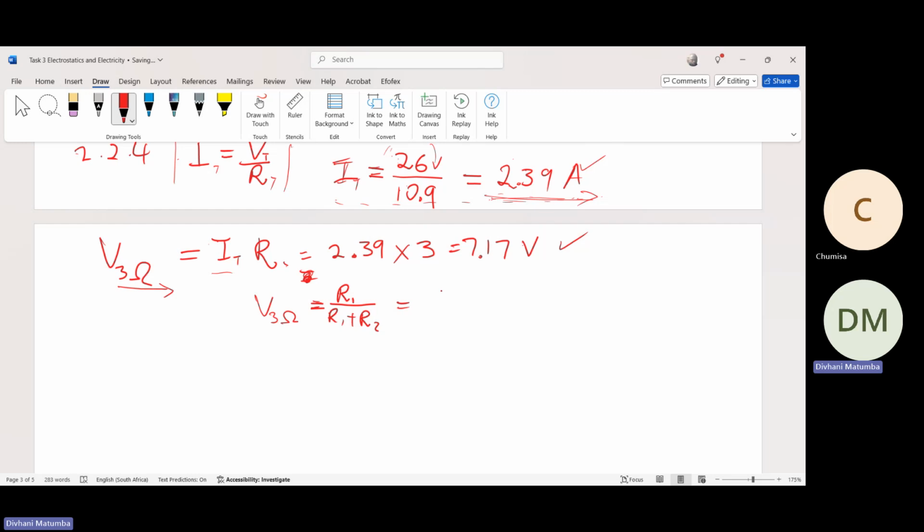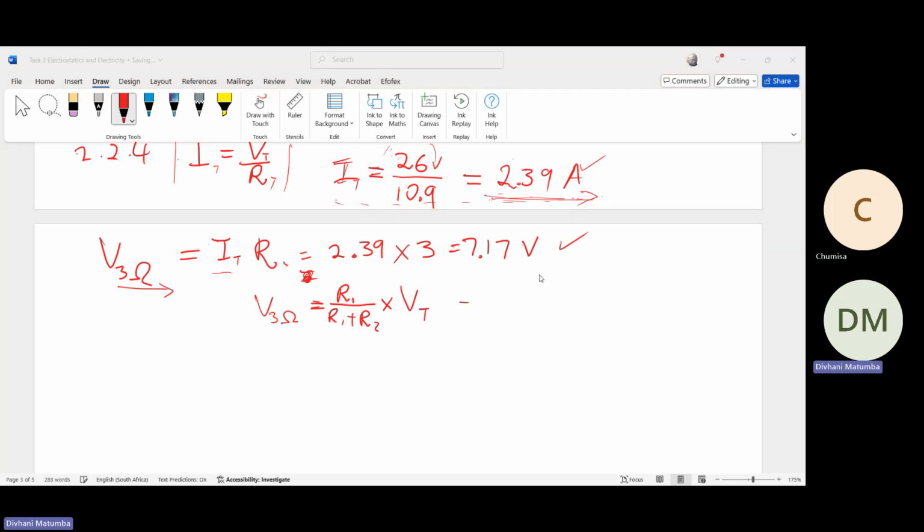It works fast. It can work faster. So it has to be R1 divided by R1 plus R2 times the total voltage.